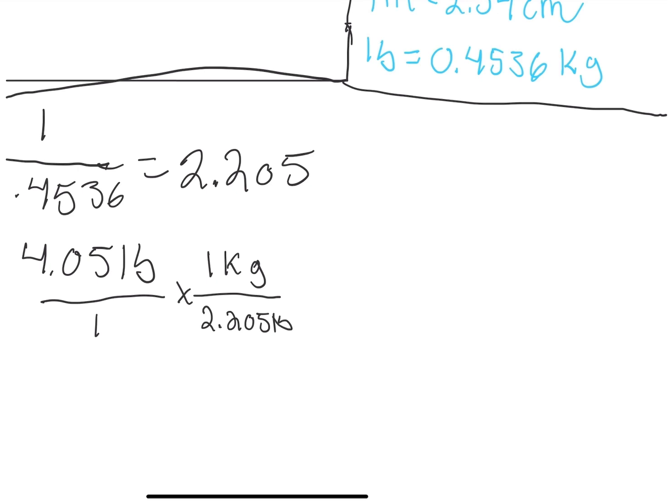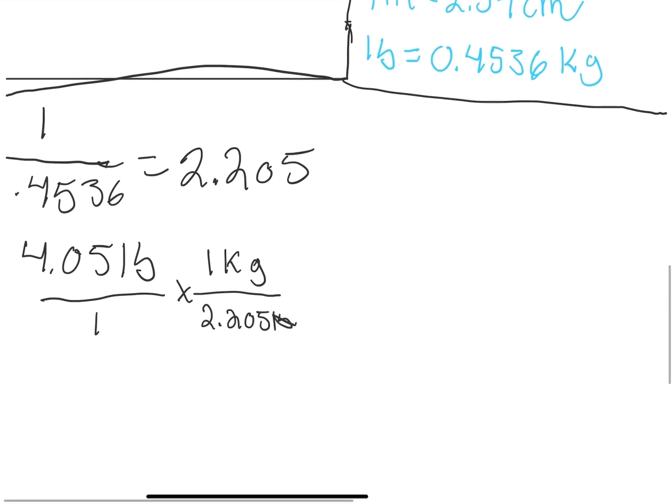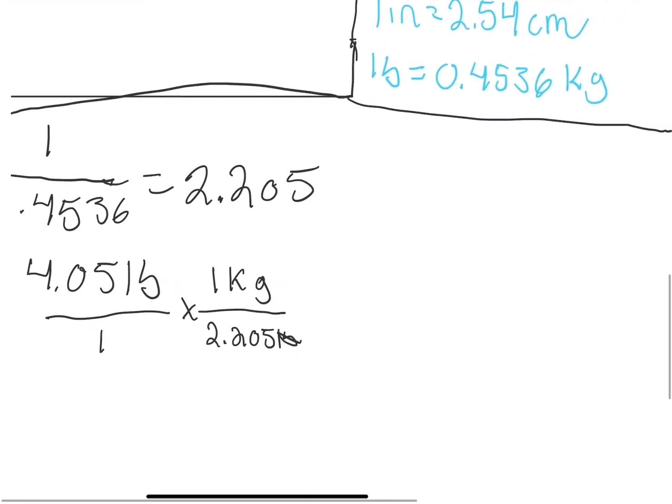And then pounds cancel out on both sides. So pounds cancel out, and then we just have kilograms, and we have to do 4.05 divided by 2.205, and that is going to give us our kilograms, which is going to be 1.8.